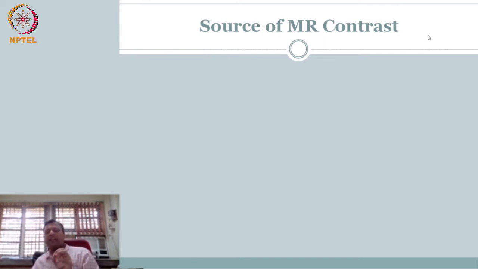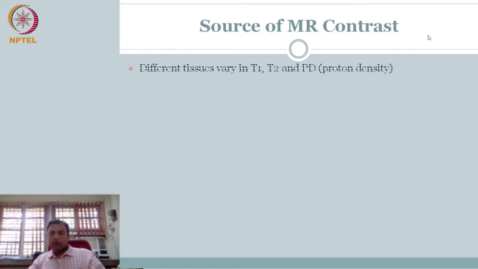So the inherent contrast of the tissue properties that we have covered so far has to do with differences in proton density, differences in the time constant with which it is losing the signal due to dephasing, and the time constant with which the location is coming back to equilibrium, or the Z component is building up. These are the three inherent contrasts: proton density, T1, and T2 changing from one location to another. Is that all? Is there any other thing we need to worry about before we talk about the contrast?